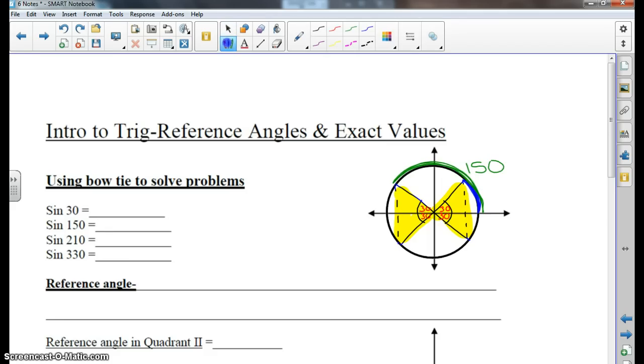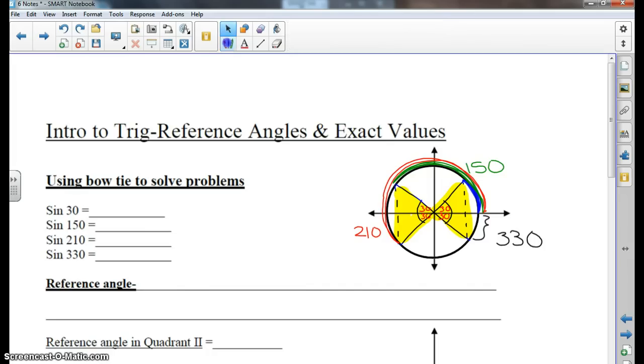The third angle of rotation is 30 degrees beyond the x-axis, or 180 plus 30, which is a 210-degree angle. And the final angle is 30 degrees shy of a full circle, or 330 degrees.